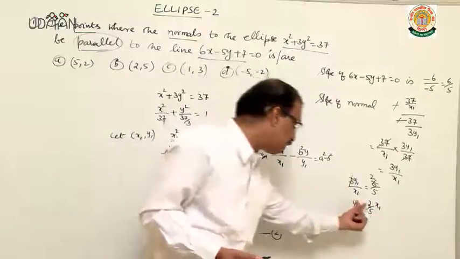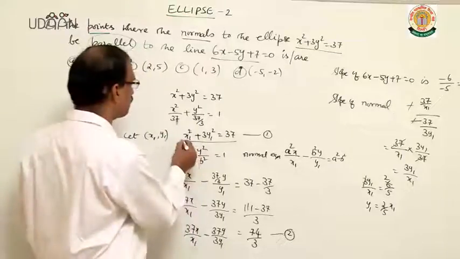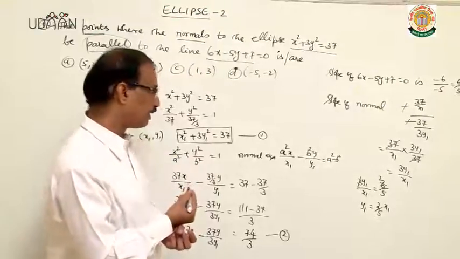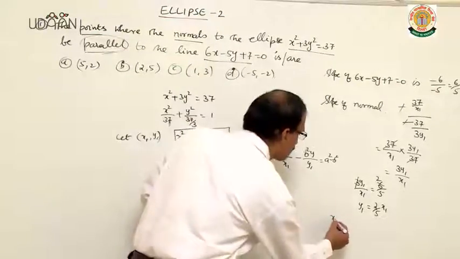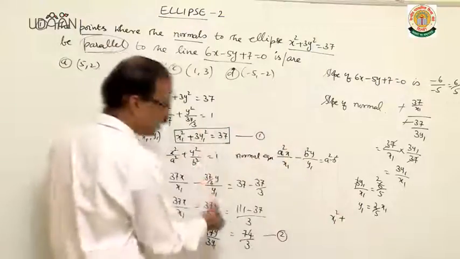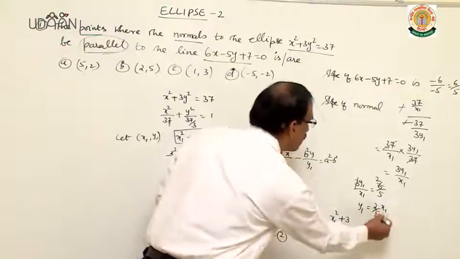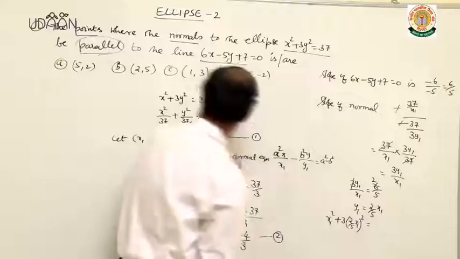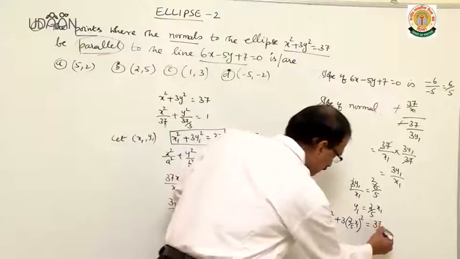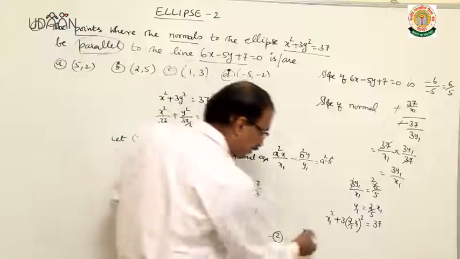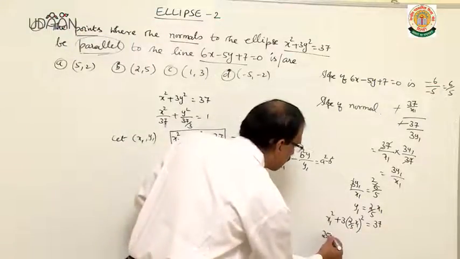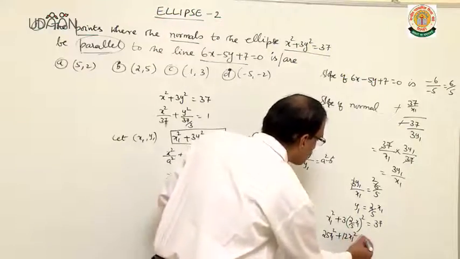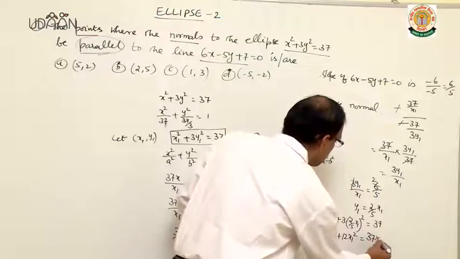Now you substitute this value of y1 in the first equation. So x1 square plus 3 into y1 square, that is 2 by 5 x1 the whole square, equals 37. If you open it up, you get x1 square plus 3 into 4 by 25 x1 square equals 37; taking LCM, 25 x1 square plus 12 x1 square equals 37 into 25.